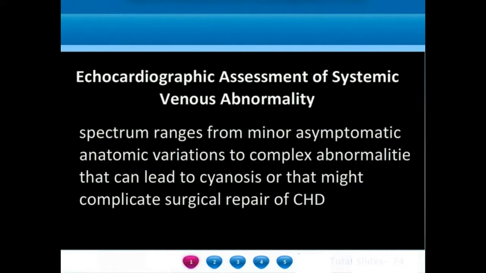are a broad spectrum that ranges from very minor asymptomatic anatomic variation to extremely complex abnormalities that can lead to cyanosis or that can complicate surgical repair of congenital heart diseases.